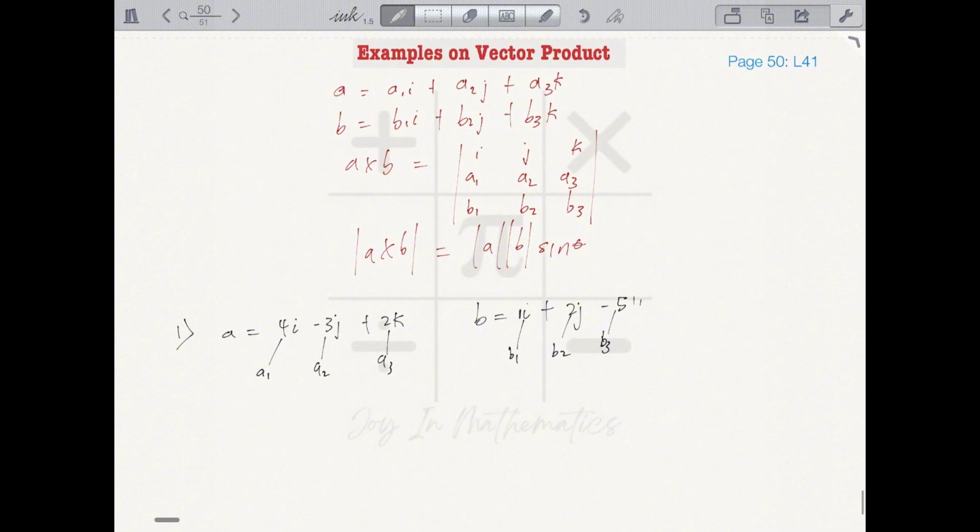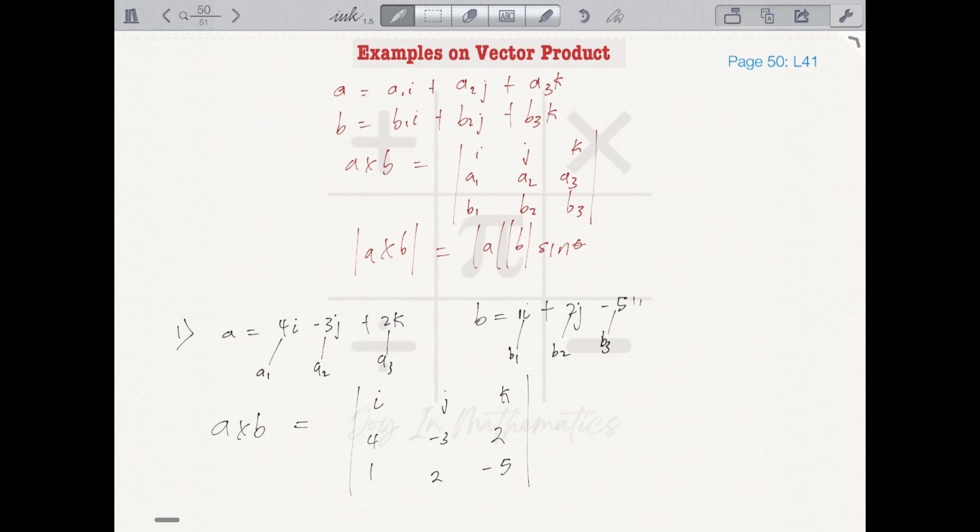So we can easily evaluate A cross B. We have the unit vectors i, j, k, then the components of A: 4, minus 3, and 2, and similarly the components of B: 1, 2, and negative 5.